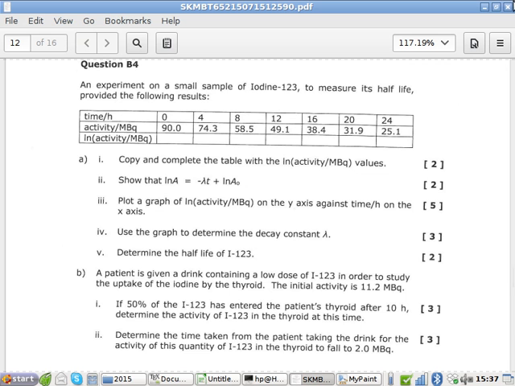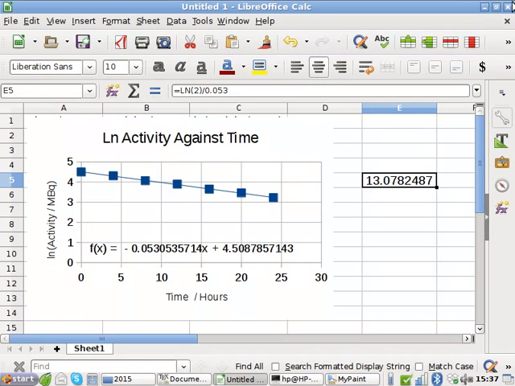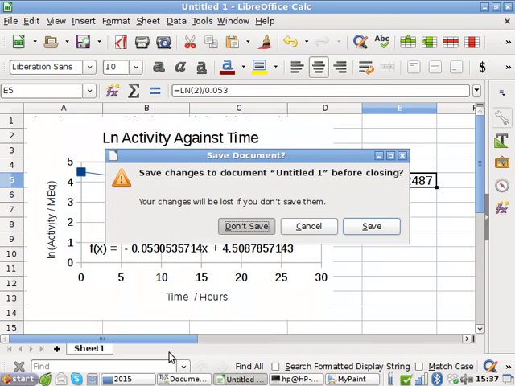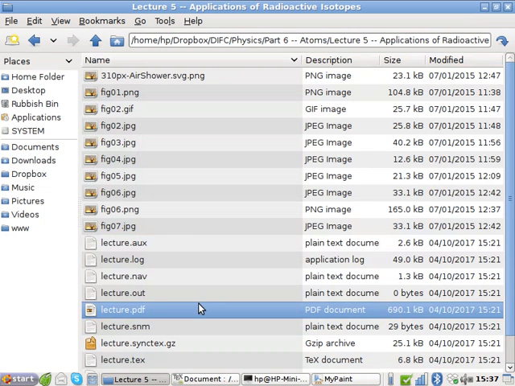It would have been better if you did that at home, but at least now I know that if you got a question like this in the exam, it should cause you no problems. In fact, you should be very happy if you got one like this in the exam.